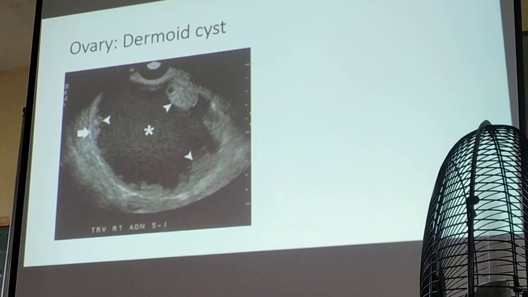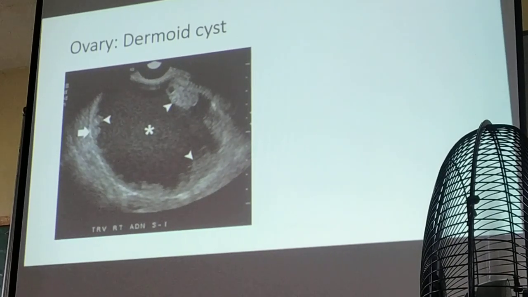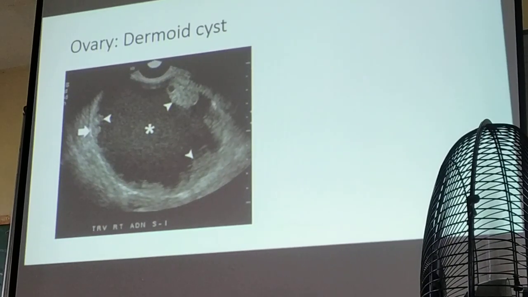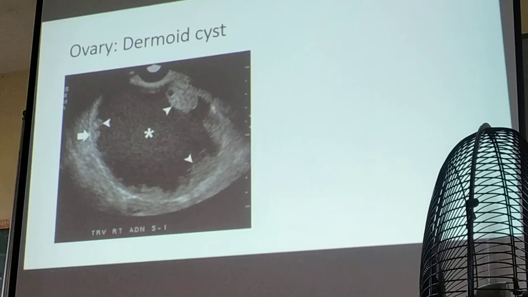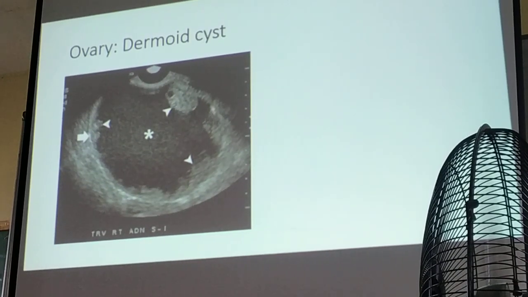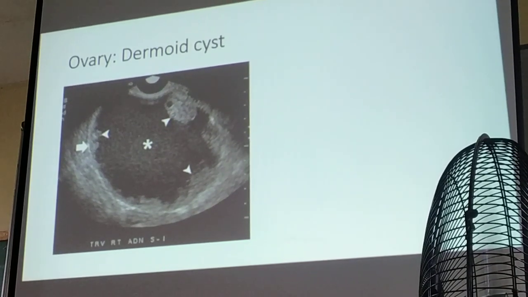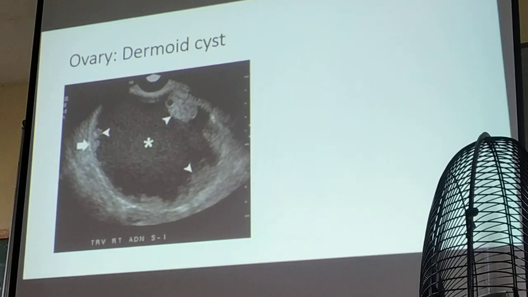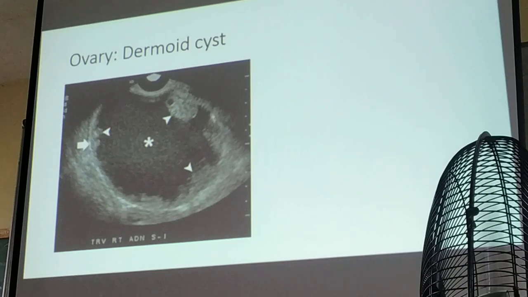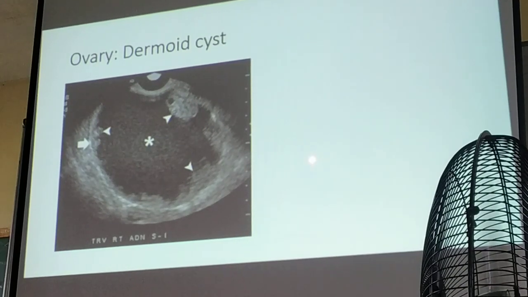If I'm going to ask you what are the possible components of your dermoid cyst, because your chocolate cyst would be purely liquid, for your dermoid cyst, possible components that you would see, a tooth, a hair, for your teratoma, right? The other name for dermoid cyst would be teratoma.